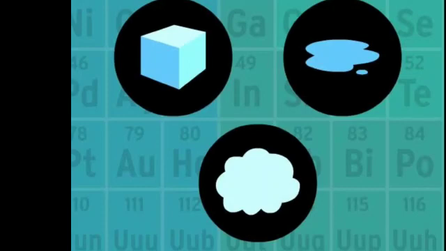Atoms of the same kind combine to form molecules of elements, and atoms of different kinds combine to form molecules of compounds. And we also discussed two chemical reactions. We learned that burning and photosynthesis are two chemical reactions.